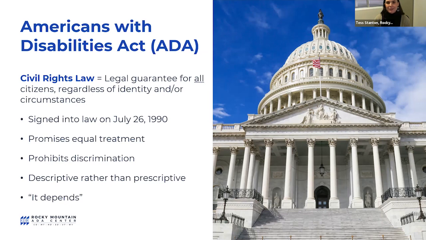That's why many times if you call us for technical assistance with a question about the ADA, our answer will likely start with the words, "it depends," because how the ADA is applied and the different regulations very much depend on the individual circumstances and the situations where the ADA applies. So in that way, it is descriptive rather than prescriptive. There's no one size fits all solution when it comes to the ADA.